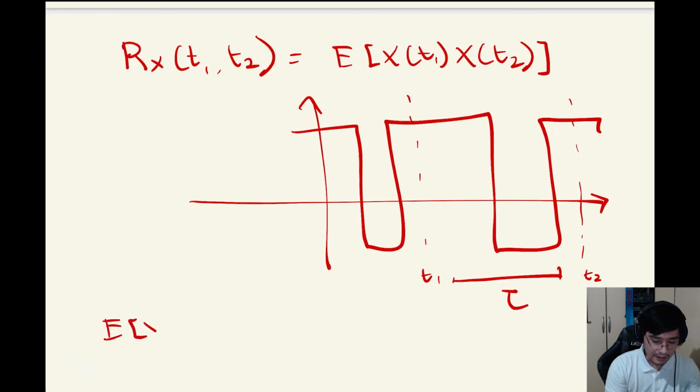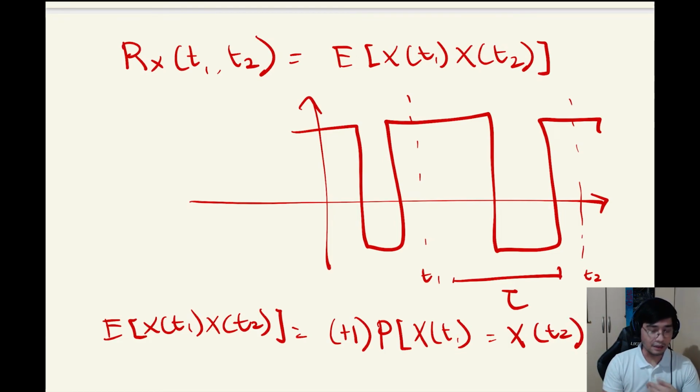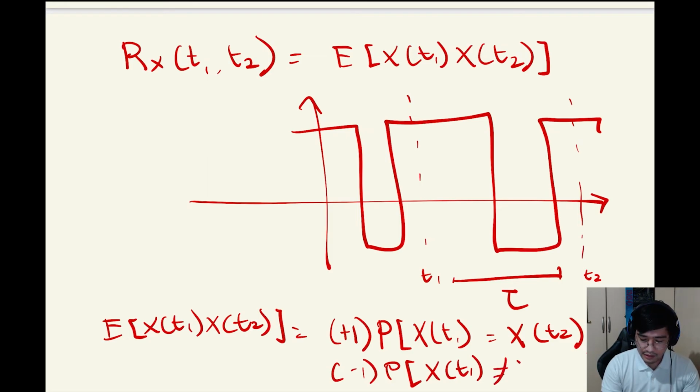The expectation of x of t1, x of t2 is equal to, the outcome is positive 1 when x of t1 is equal to x of t2. We want to get the probability of that. On the other hand, we will obtain negative 1 if the probability that x of t1 is not equal to x of t2. That is the case when over these two time instances we have different values, because positive 1 times negative 1 is negative 1, and negative 1 times positive 1 is negative 1.